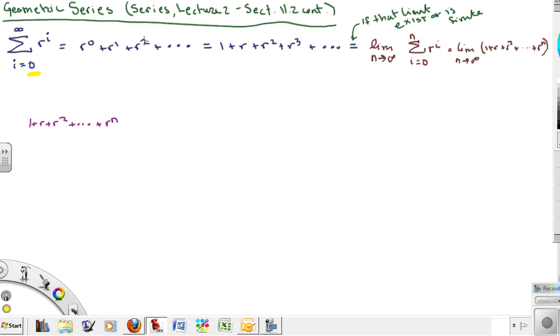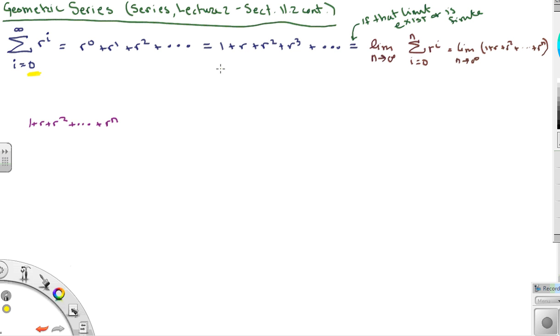The third term is r squared, and so on down the line, which of course in this case is 1 plus r plus r squared plus r cubed, according to our definition. And here I'm just assuming r is some fixed real number. So this is your standard geometric series: some fixed real number raised to higher and higher powers that we're adding up.